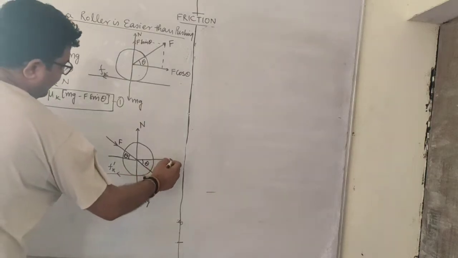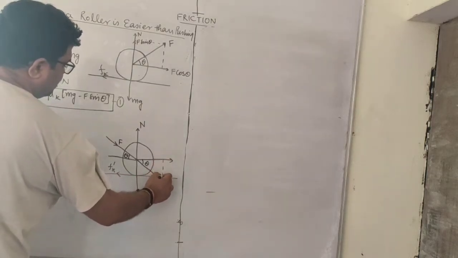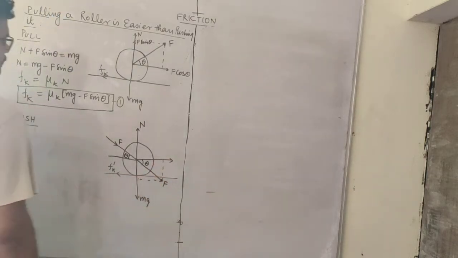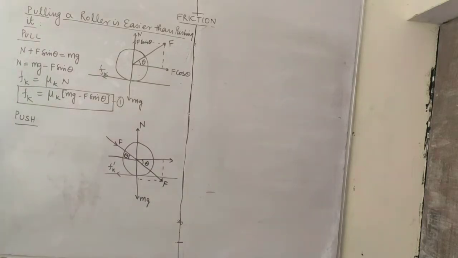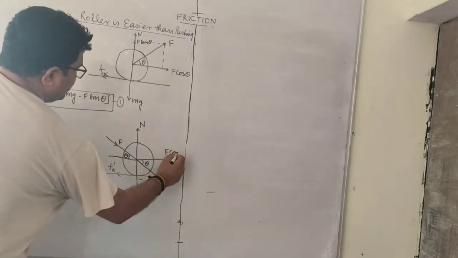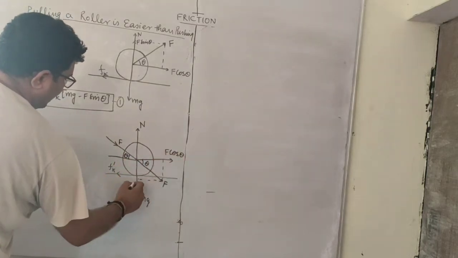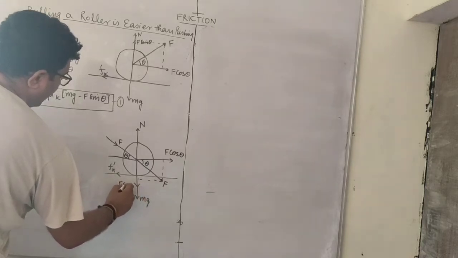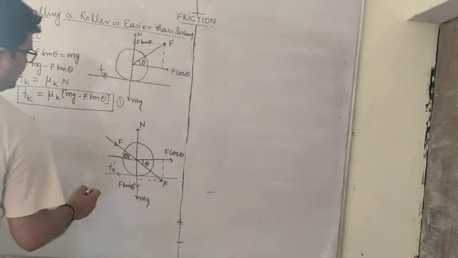Now this F will have two components again: F cos theta and F sin theta. This is in case of pushing.